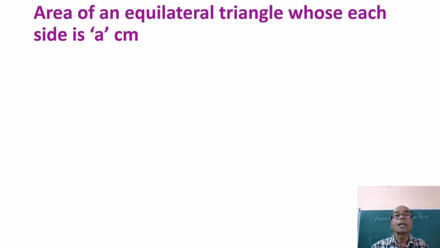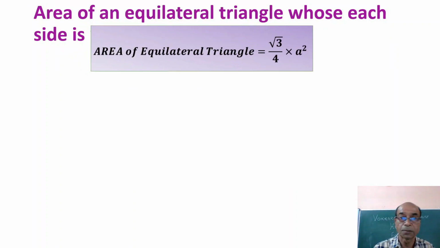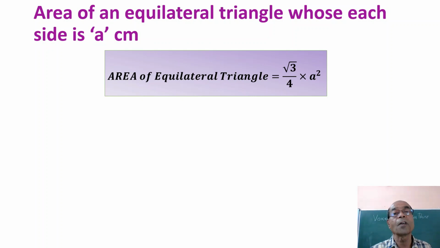Area of an equilateral triangle whose sides are, say, a centimeter. The equation for this is square root of 3 divided by 4 into a square.